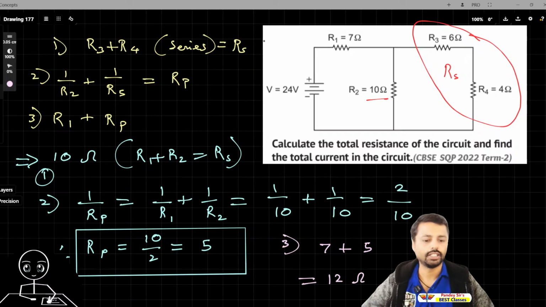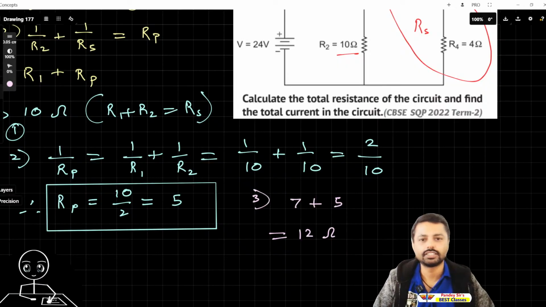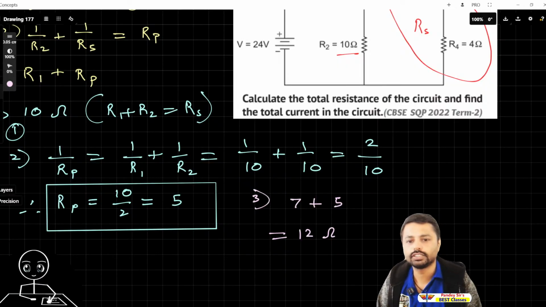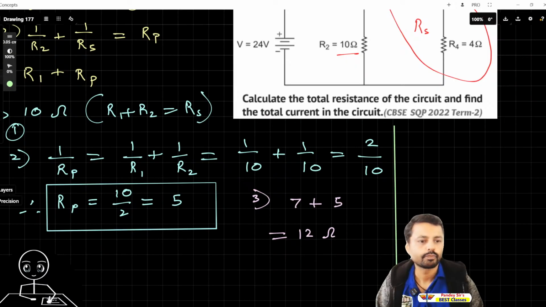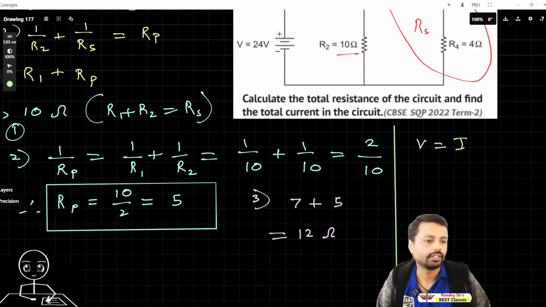Okay, and once we have the total resistance, the electric current value is very easy. So which formula? Tell. V equal to IR.